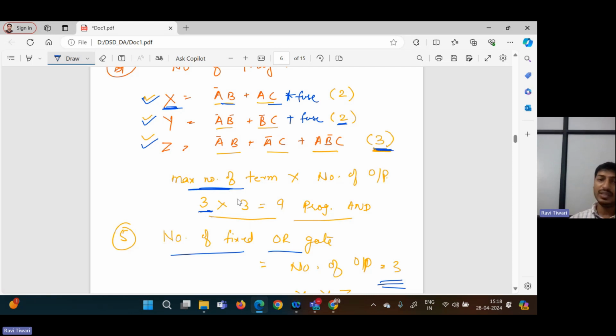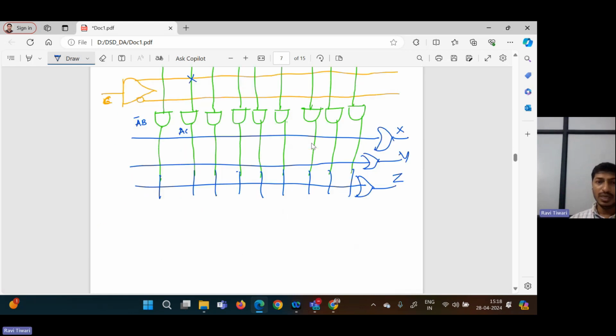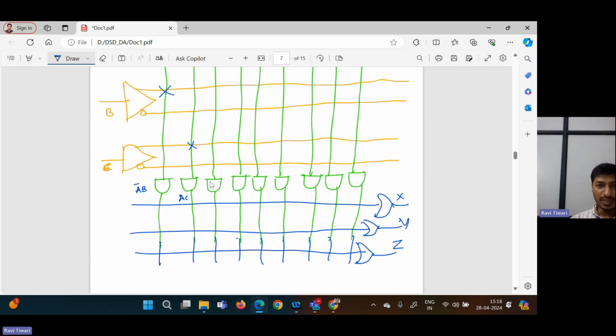So we have dedicated 3 programmable AND gates for every output. So here we have to include the fuse, because we are having only 2 terms. Here also we have 2 terms. So just to compensate that number of AND gates, we are using the fuse. So that will be considered as fuse, and here it's drawn like this: fuse.